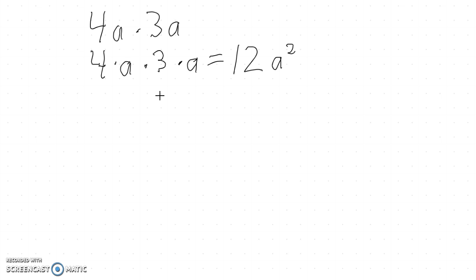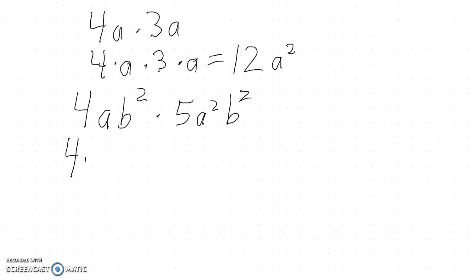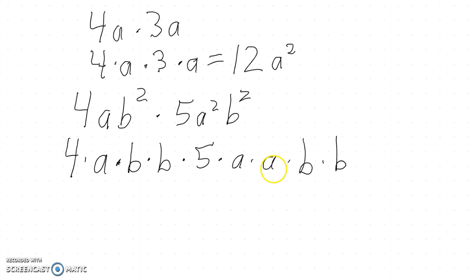We could do it with something more complicated. Let's say I have 4a b squared, and remember that just means the b is being squared, times 5a squared b squared. I'm just going to write it in multiplication form. This is 4 times a times b times b, because the b is being squared, times 5 times a times a times b times b.